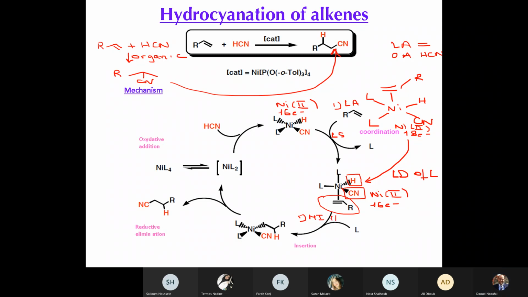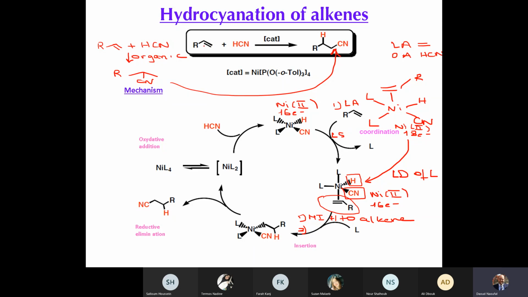Then, the opening of the vacant site, so you should add a ligand. What is the ligand added? The ligand added is one of the ligands in the reaction system. So here we have L in the reaction system, and we can add HCN or we can add alkene.